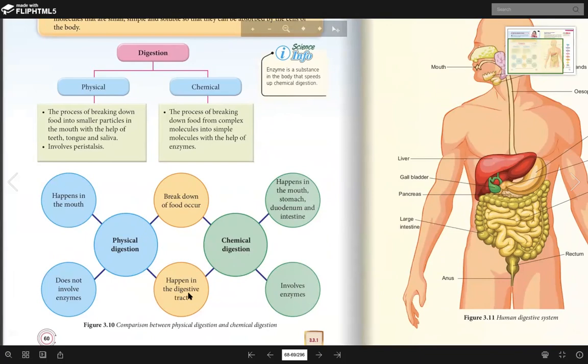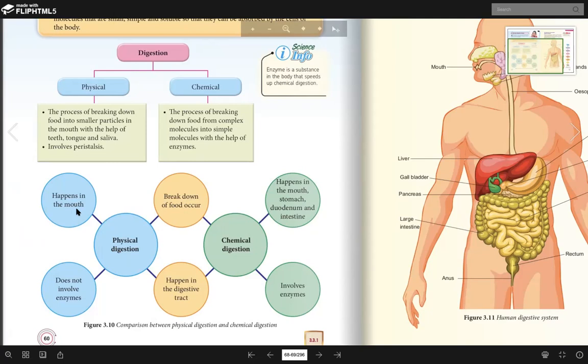Digestive tract means digestive system, you can say either one. At the right and left, they show the differences. Chemical digestion happens in the mouth, stomach, duodenum, and intestine, but physical digestion only happens in the mouth.